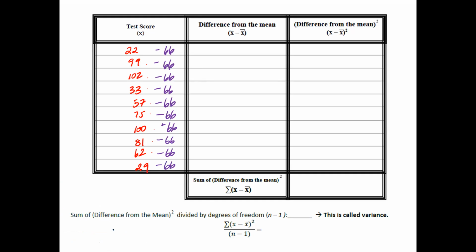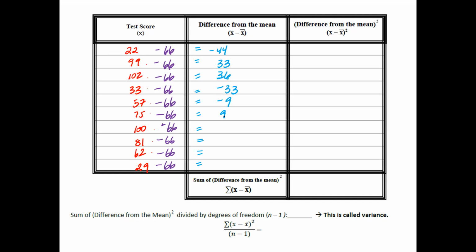Okay, which takes us to this next column, which is the difference from the actual test score to the mean. So 22 minus 66 gives you a negative 44. 99 minus 66 is a 33. 102 minus 66 is a 36. 33 minus 66 is a negative 33. 57 minus 66 is a negative 9.